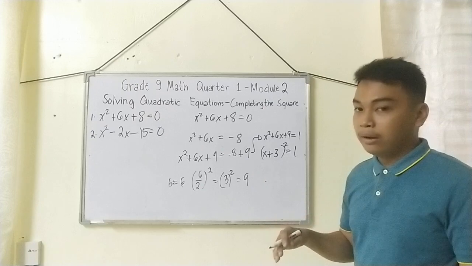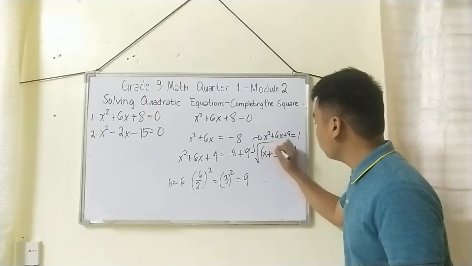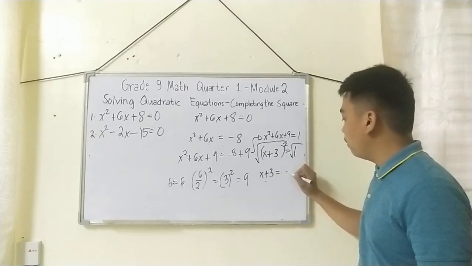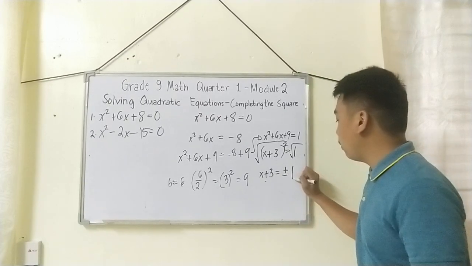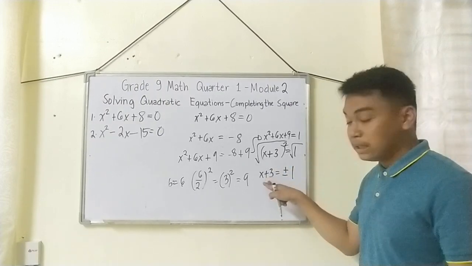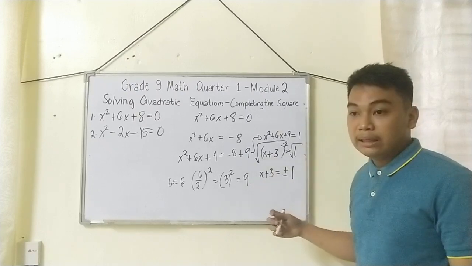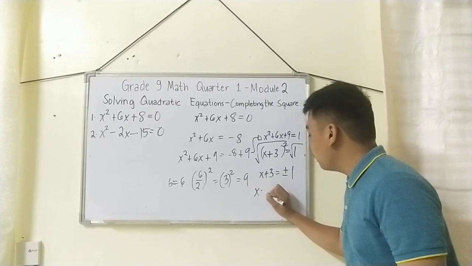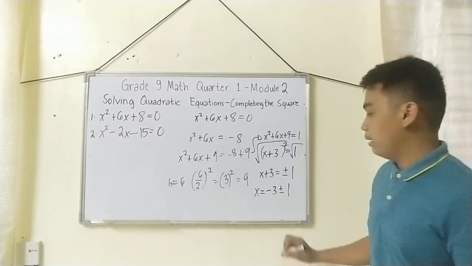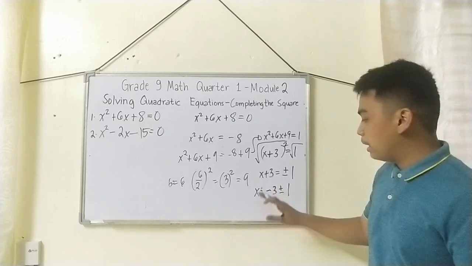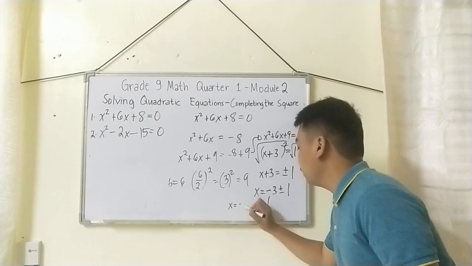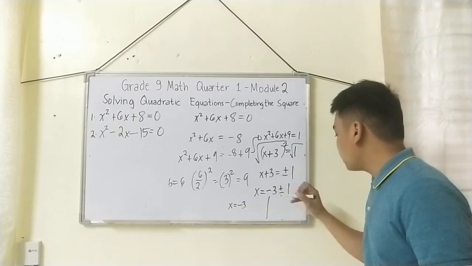So take the square root of both sides. So we have x plus 3 equals the square root of 1, or plus minus 1. Then, we transpose this 3 to the other side. Since positive 3, it will become negative 3. So, x is equal to negative 3 plus minus 1. Since it is plus minus, we can separate them, mga ka-habiters. So, we have x equals negative 3 plus 1.